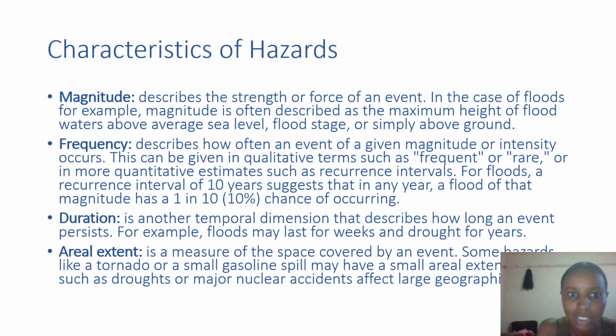One is magnitude, which describes the strength or force of an event. In case of floods, for example, magnitude is often described as the maximum height of flood waters above average sea level, flood stage, or simply above ground.